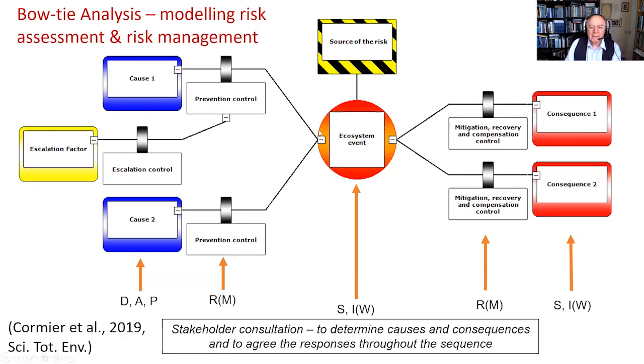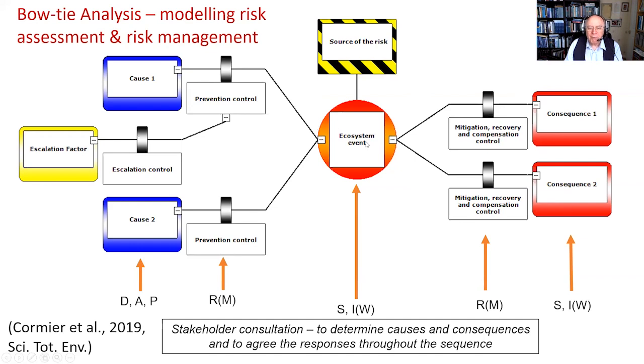And it's a bow tie analysis because it's got a central problem. And this problem could be how to minimize the effects of high discharges from the land, or the effects of tourism, or the loss of a species or habitat. So we need to know, what are the causes of that, these blue boxes? Can we put in prevention between the blue boxes and the main problem?